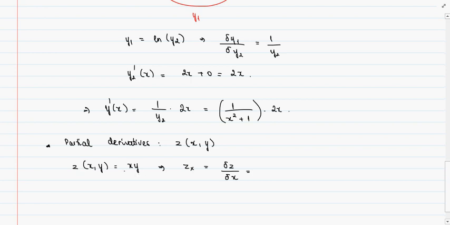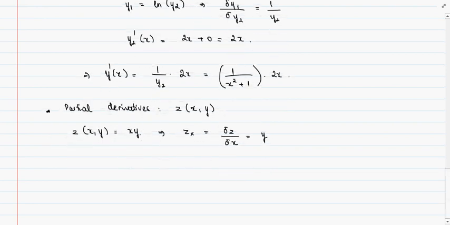So over here I just have to apply the constant rule, the scalar multiple rule, where I have a constant multiplied by x, which is a variable. If I differentiate that, I'm going to get y. The constant remains the same, and the differential of x with respect to x is 1. So that just gives me y, because you're treating y as constant.